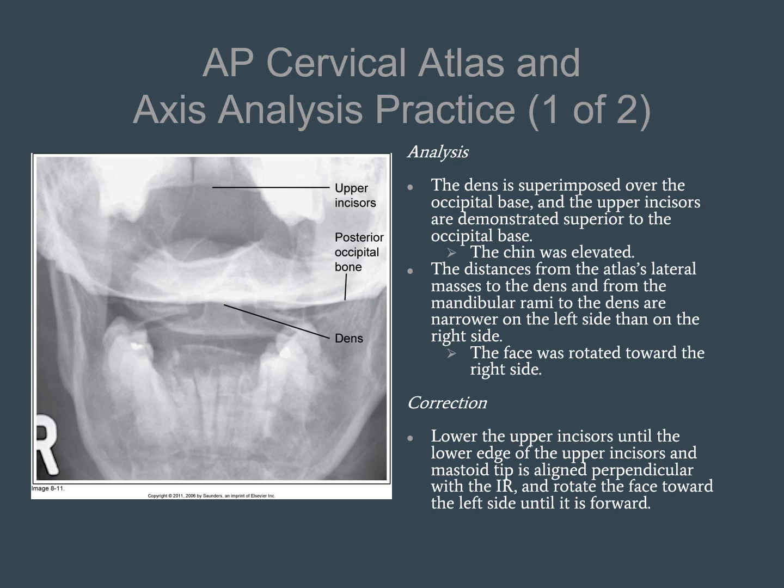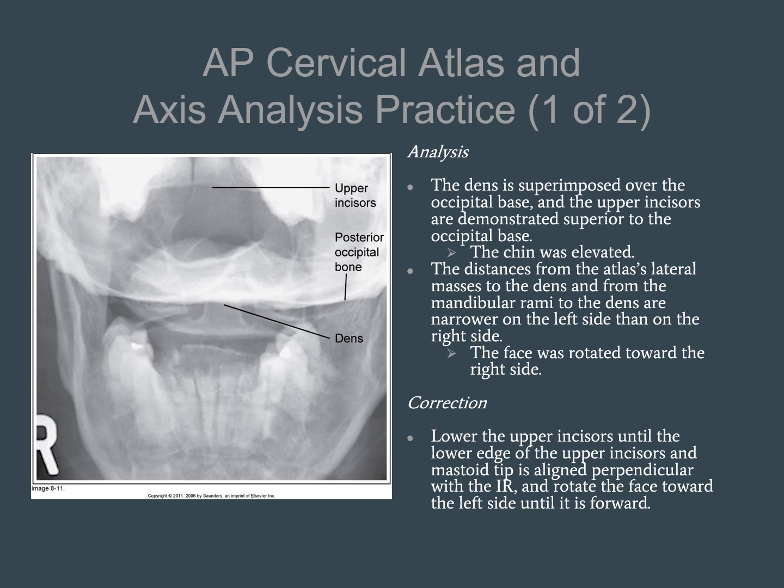Also, there's a little bit of rotation seen because when analyzing this image, you can see that the atlas's lateral masses to the dens and from the mandibular rami to the dens are narrower on the left side than on the right. So the face was rotated towards the right side.